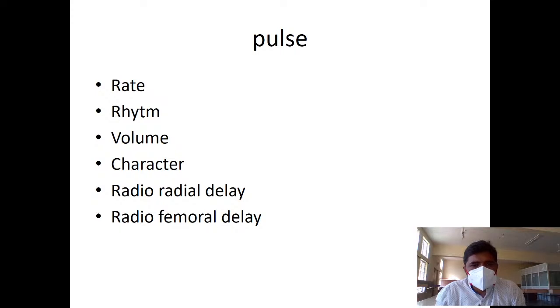Here you will see a radial pulse felt ahead of a femoral pulse, or the radial and femoral pulses felt at the same point of time. That is the significance of radiofemoral delay.